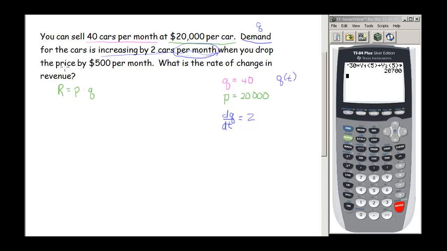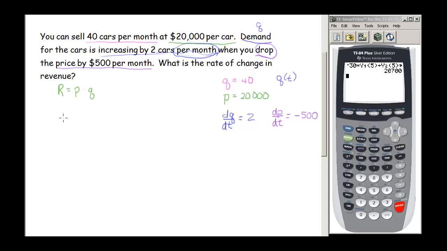Okay, and then it says you're dropping, that's a key word there, the price by $500 per month. So that tells us how our price is changing. So that's dp dt. So the price is dropping by $500 per month. So that means our dp dt is negative 500.